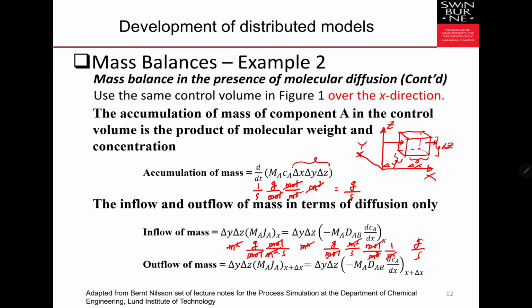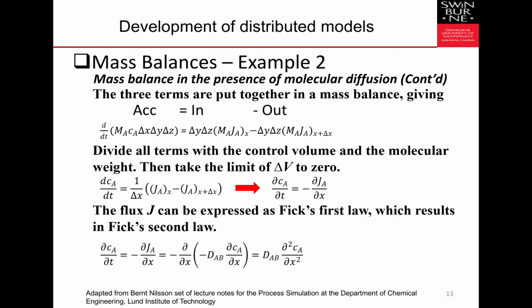Note that delta y multiplied by delta z is used because we are using the area that is perpendicular to the direction of the x coordinate. So the outflow of mass will be inspected in this particular area as well, on the other side of the cube. Once we do that, we get this equation.